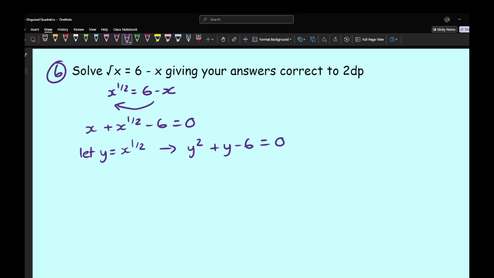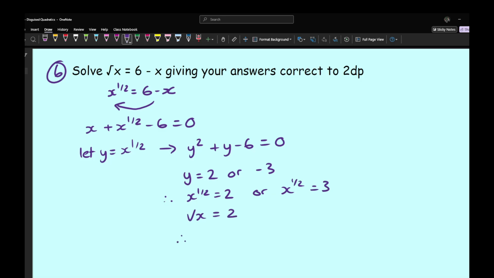So now if I type that into my calculator to solve this quadratic equation, I get an answer of 2 or minus 3, in which case x to the half equals 2 or x to the half equals minus 3. x to the half is root x, so root x equals 2.